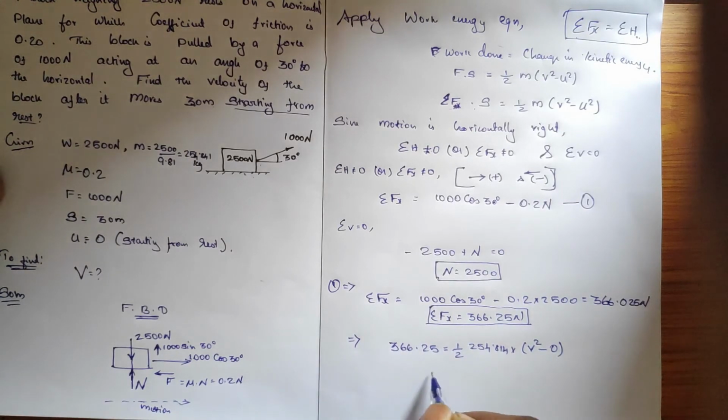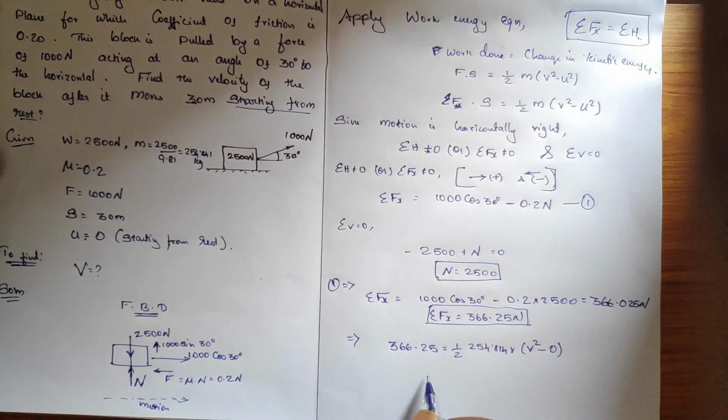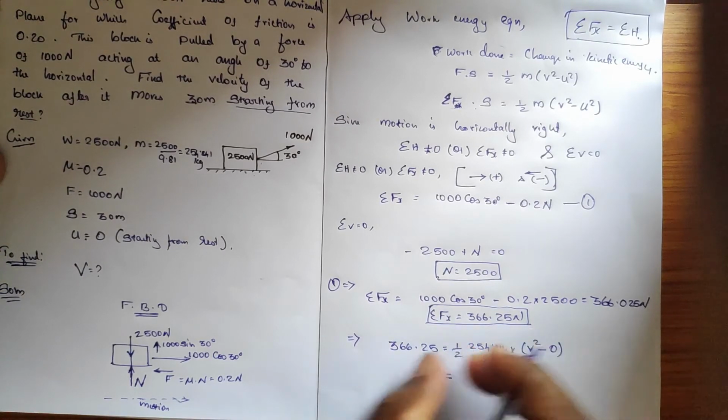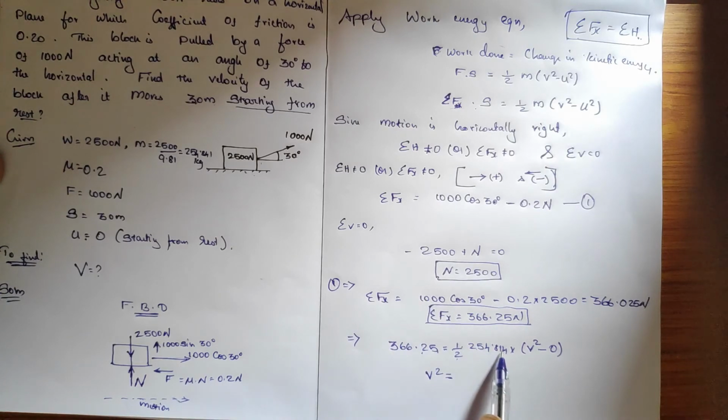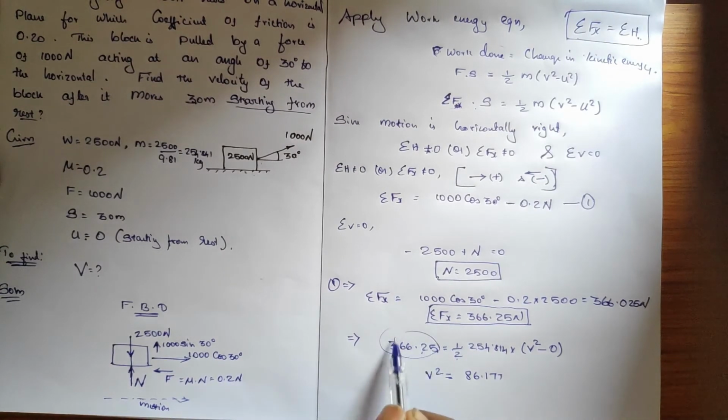Now if you simplify it, v square is equal to 366.25 divided by 1 by 2 into 254.814. If you divide it, you may get the answer as 86.177.